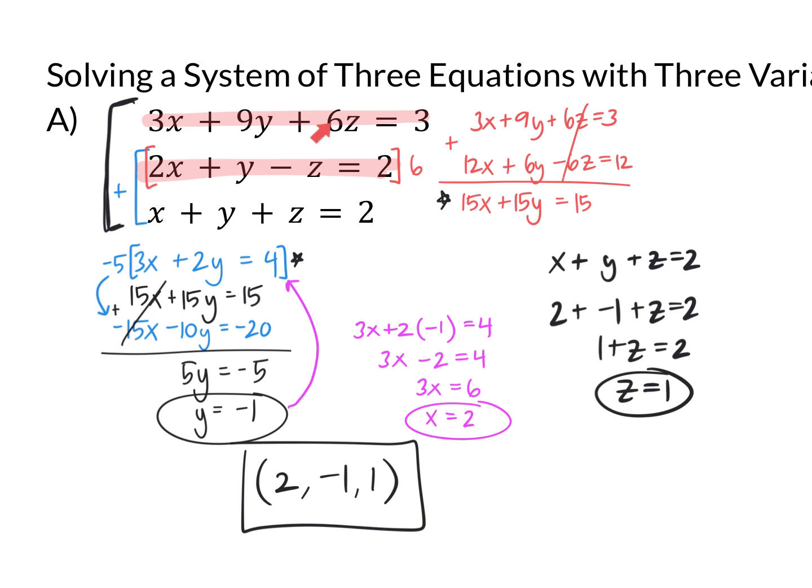So that means I have to take this top equation and multiply it or add it with either of these bottom 2 equations. Again, it doesn't matter which one you choose, but multiply that out, get rid of your z's, and now we had 2 equations with x and y. We solved that system of equations for x and y, and then we plug it all back into the original equation to solve for our missing variable. Okay?